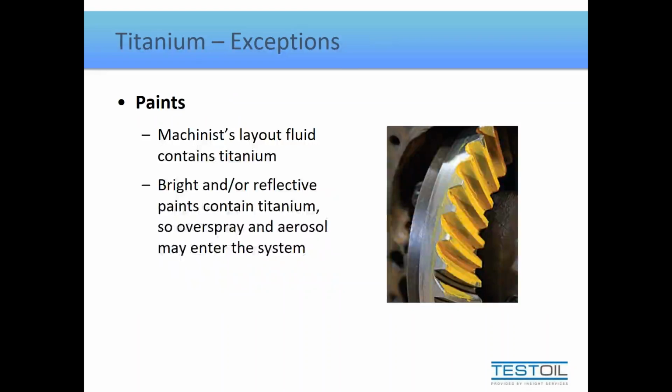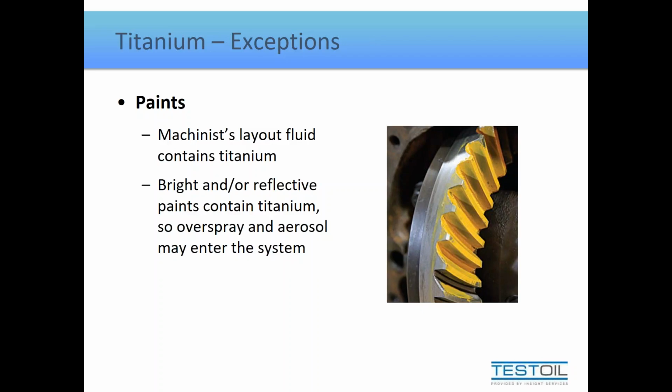So when a machinist uses layout fluid, as you see in the picture there, just to check gear mesh or whatever it is, as that paint wears off, it will enter the lubricant. Now, it's not going to cause any harm, but it will be present. So until the oil is changed after the use of this layout fluid, there will be higher levels of titanium than would normally be expected.